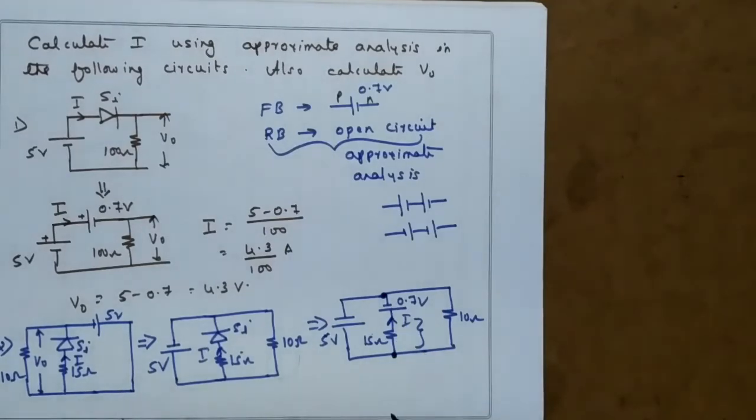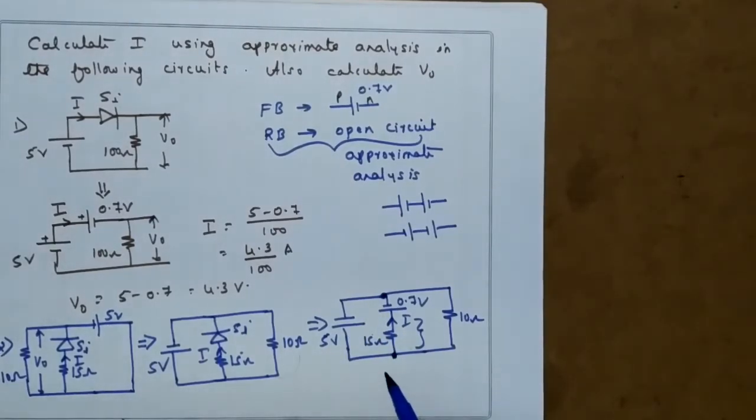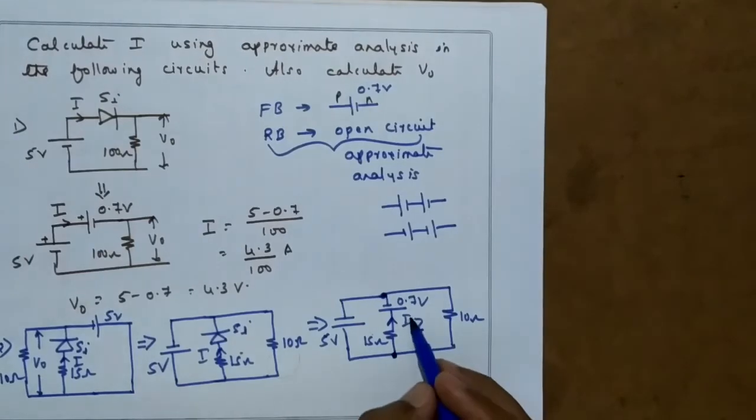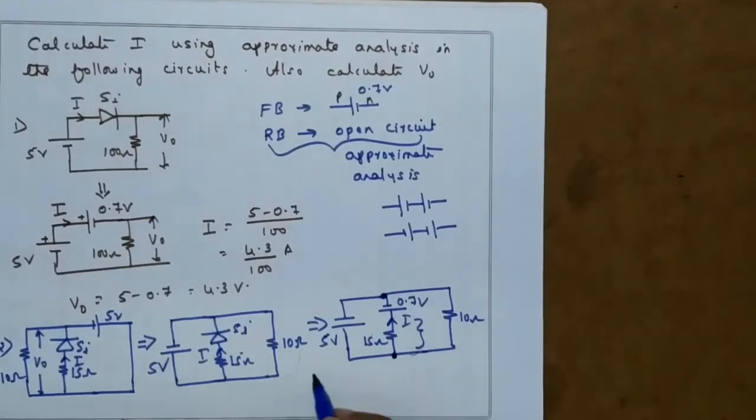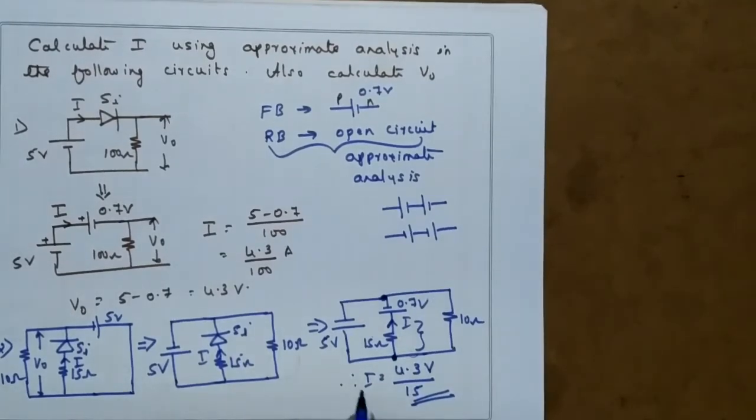Here there is 0.7 volt, so the total voltage will be 4.3 because minus and minus, it is 4.3 here. So the voltage across 15 ohm is 4.3. So therefore I is equal to 4.3 volt divided by 15. You can calculate how much it is.